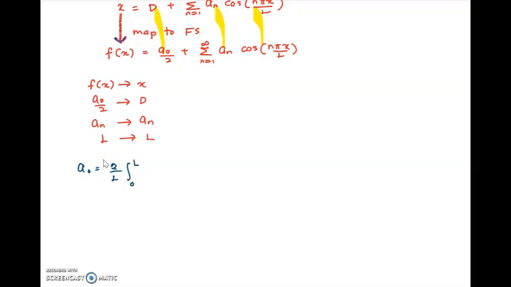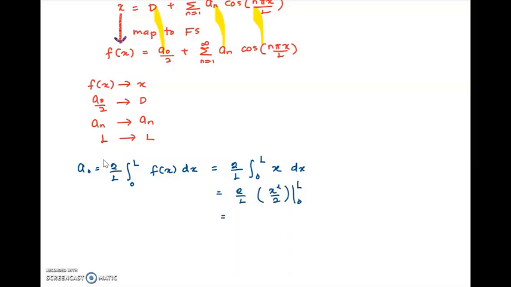Before this you have the small l, doesn't matter. So in our case we have L is also L, so 2 over L, 0 to L, our f(x) is x dx. So straight away we have 2 over L, x squared over 2. We evaluate from 0 to L.